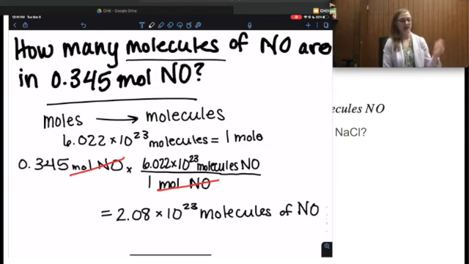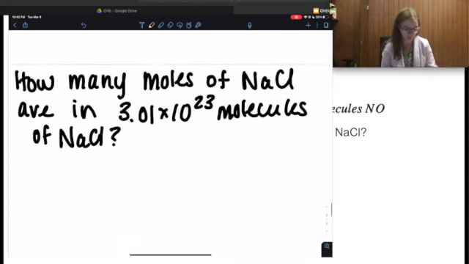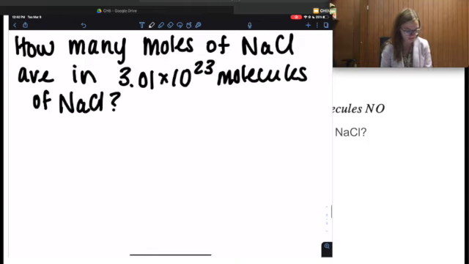So let's go ahead and we will work through the second problem here on your screen. In this case, what we want to know is how many moles of NaCl are in 3.01 times 10 to the 23rd molecules of NaCl. In this case, I am going to see what it's asking me, see where I'm going.